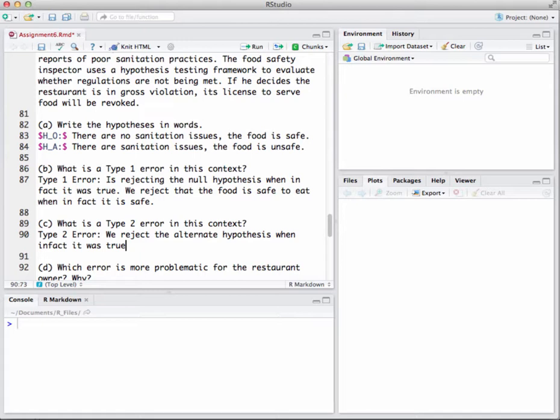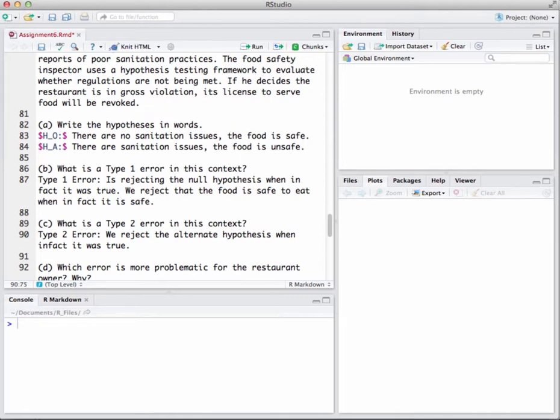They're mistakes we don't want to make, but they are inherent in hypothesis testing, that we don't have 100% certainty, that there is a chance of us making a mistake in rejecting the null or in rejecting the alternate. The probability of rejecting the null hypothesis when it was true, a type 1 error, by the way, is given by alpha. The probability of rejecting the alternate hypothesis when it was true, or making a type 2 error, is given by beta. Okay. All right.